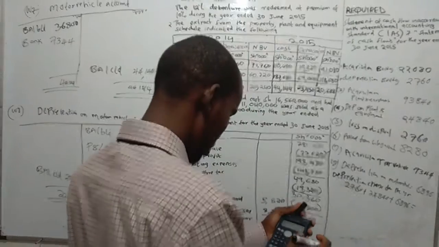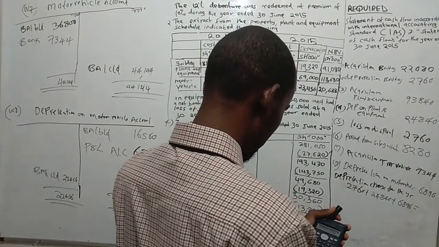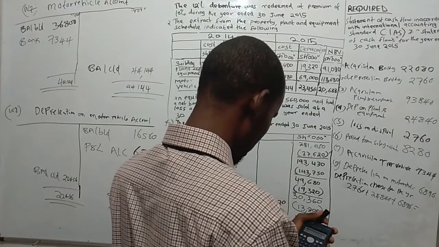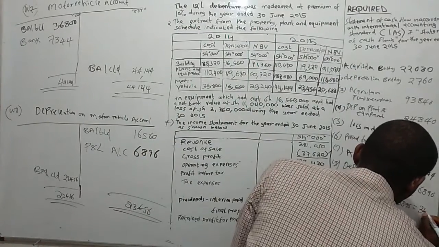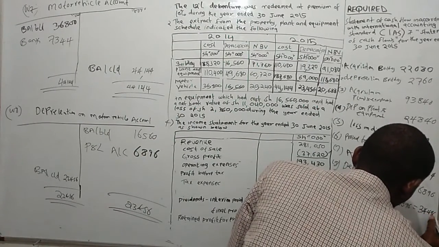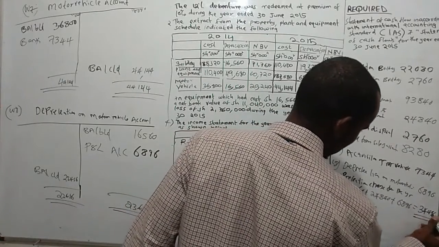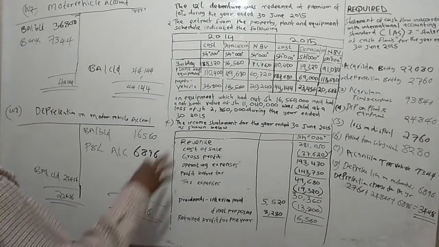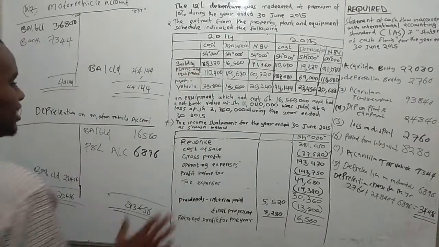This will give us how much? 2,760 add to 24,840 add to 6,896 is 34,496. This is what we are going to use in our cash flow statement. Now we are done with the workings with the assets.